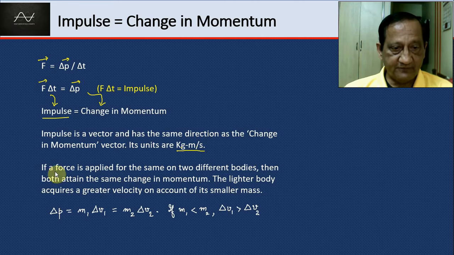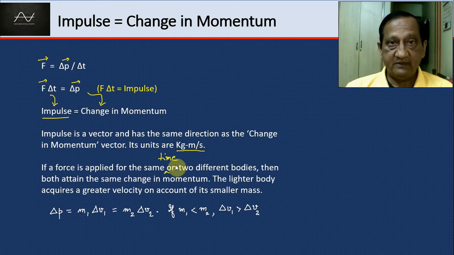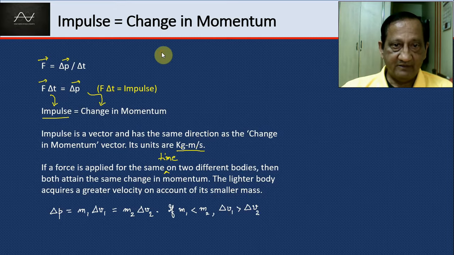Now, suppose a force is applied for the same time on two different bodies. Same force, same time, hence same impulse. Hence same change in momentum on both the bodies. But the lighter of the two bodies will acquire a greater speed. Why? The change in momentum is the same. Momentum is mass into velocity, right? Vector relationship.